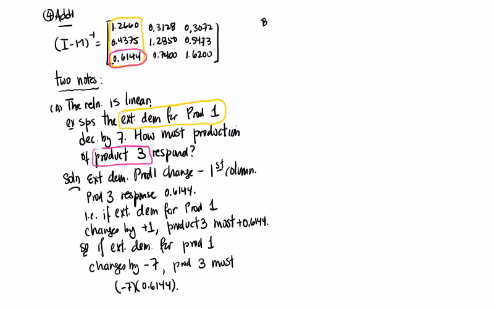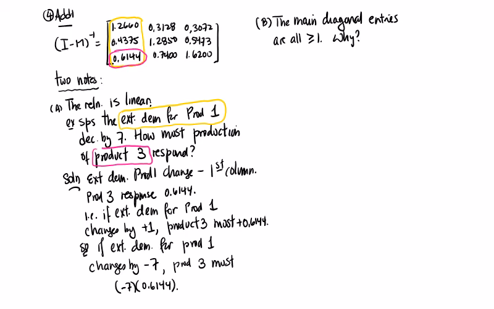The second fact is more of an observation: we notice that the main diagonal entries are all greater than or equal to 1. This is not coincidental.